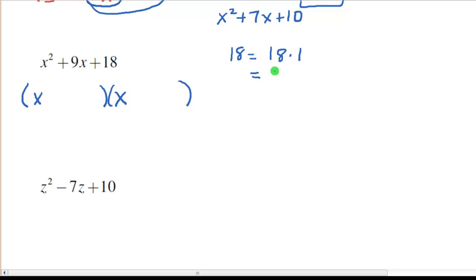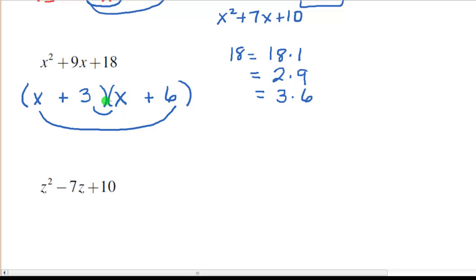It can be factored as 2 times 9, but that doesn't add up to 9. It can be factored as 3 times 6, and there's our 9. So this will be x plus 3 and x plus 6. Let's check the middle term. Inners and outers give us our middle term. So there's our 3x plus 6x, which is 9x.